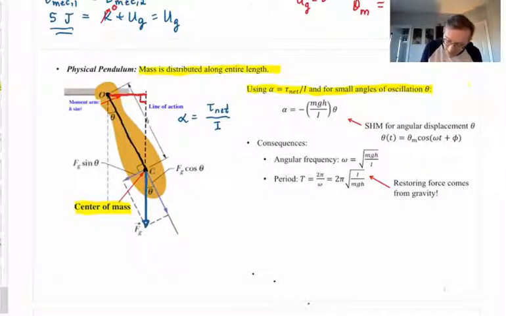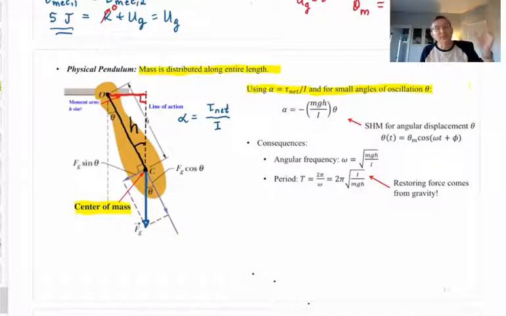The book calls that distance h. They just use that symbol h to represent the straight line distance from the axis of rotation O out to the center of mass of this physical pendulum. Then the moment arm, the length of the red line there, is h times sine theta, because this angle right here is theta.